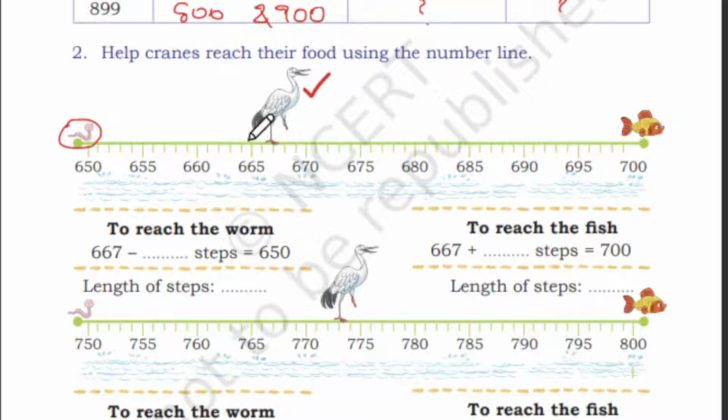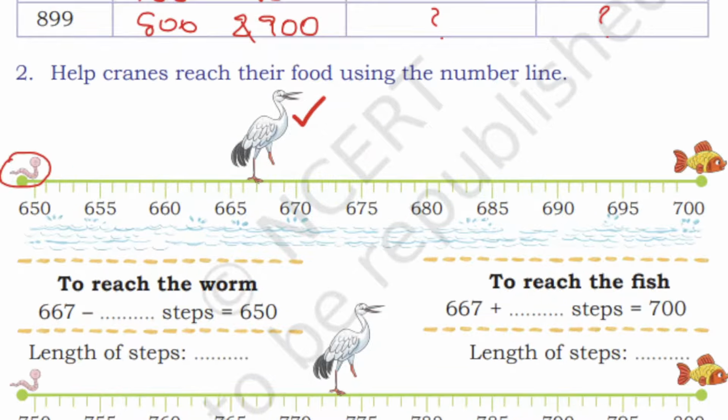So how many jumps does it take to go to 665? I zoomed in and I'll show you how many steps are required. The crane is currently here at 667. To reach 665, we have 1 and 2, so we have 2 here.